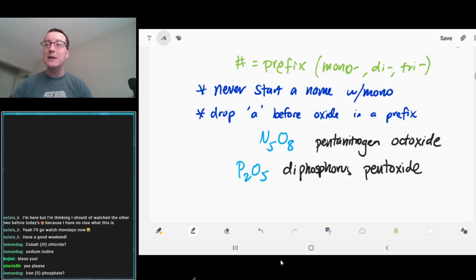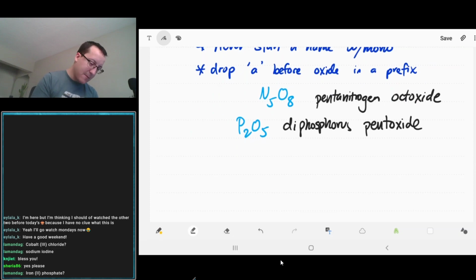So notice again, we dropped the A from penta. Penta was our prefix. We drop the A before oxide. So those are the only two special rules that we have to keep in mind for covalent compounds. Otherwise, they're easy. You just say how many of each one they are in the order that you're given. That's it. So practice time.